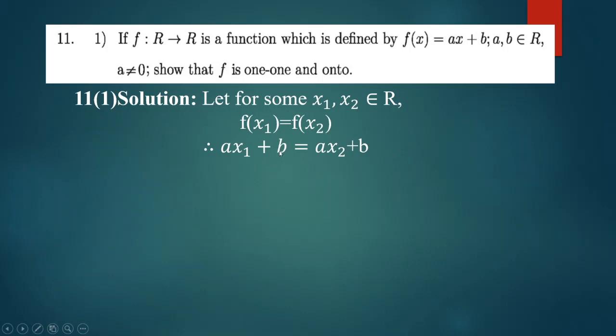Now subtracting b on both sides you get ax1 equal to ax2. Now dividing by a on both sides you get x1 equal to x2. That's why a not equal to 0. In case of division, if denominator is 0, then the fraction is undefined. So that's why a not equal to 0 is given.